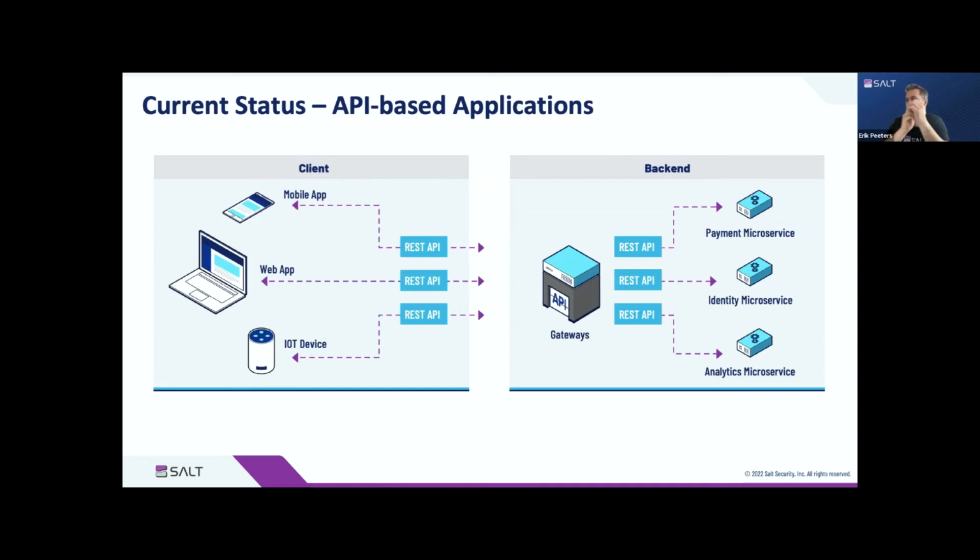Today, the world is completely different. What we see now is that there are different applications built, and the applications build the web pages, and the applications run on the client device, which can be an IoT device, a web application that you connect to on a laptop in a browser, or a mobile application. And they do API calls, in this example REST API, but there are also different types of API calls.